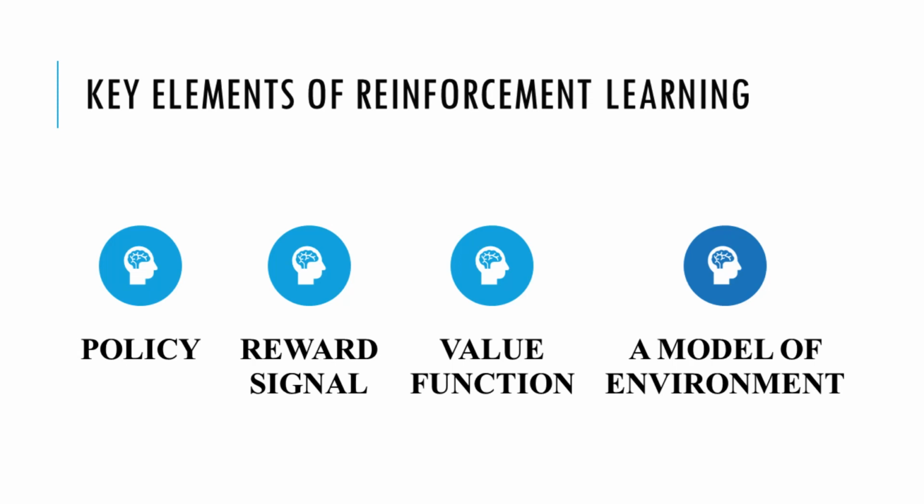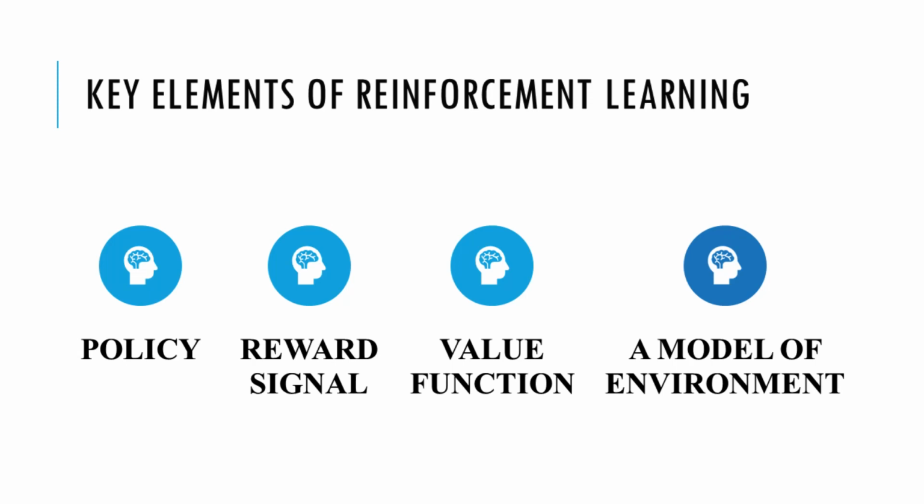In some cases, the model may be explicit, meaning that the agent has full knowledge of the environment's dynamics, including the transition probabilities and the rewards associated with each state-action pair. In other cases, the model may be implicit, meaning that the agent has limited or incomplete knowledge of the environment's dynamics, and it needs to learn the model from experience.